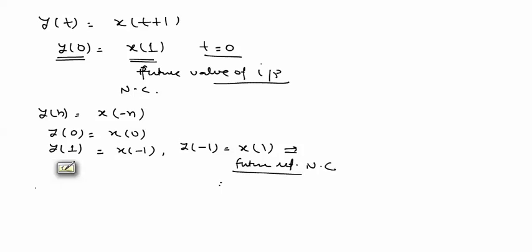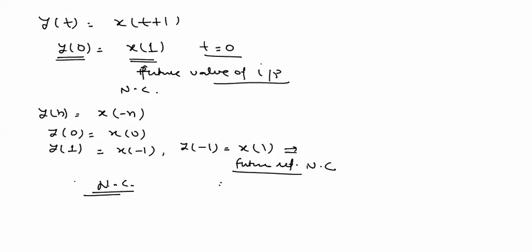We have to search out the input for which it is non-causal. In every system for causality, we have to check for which input it is non-causal. If any future reference is there, it is non-causal.